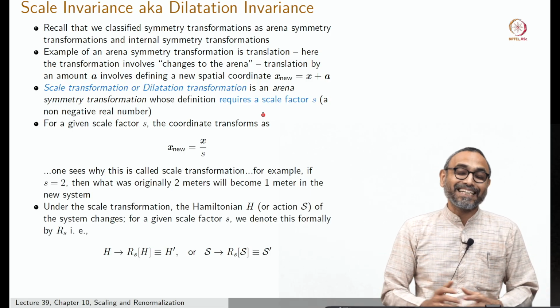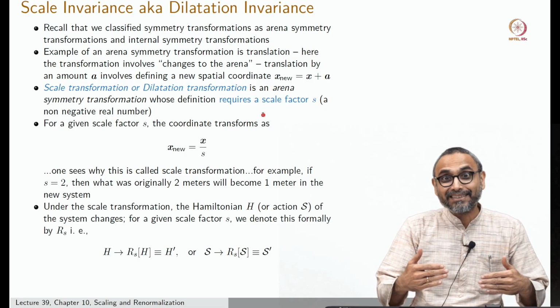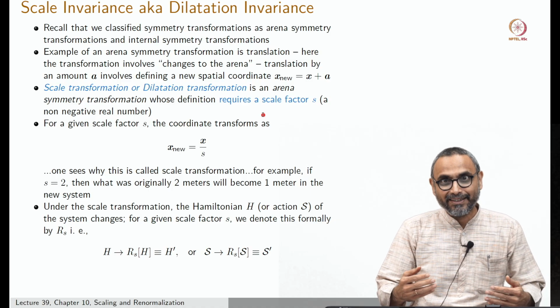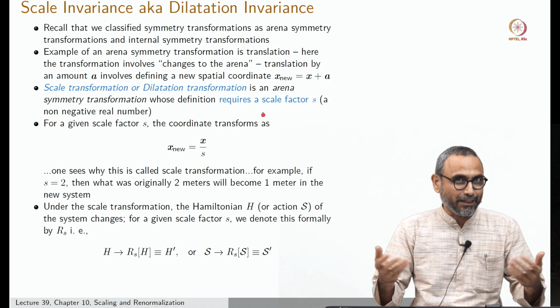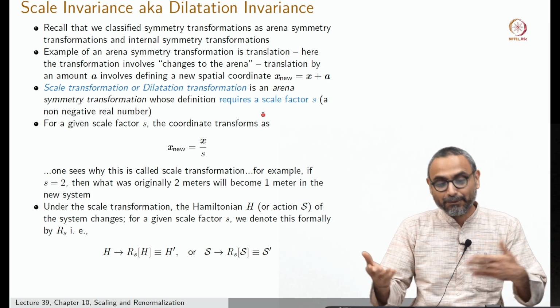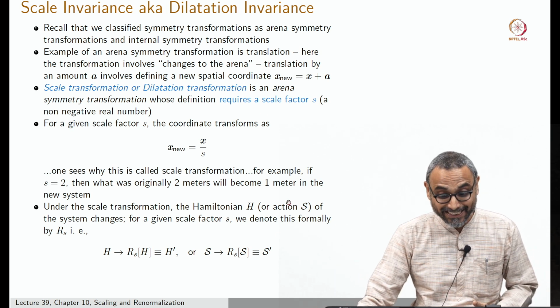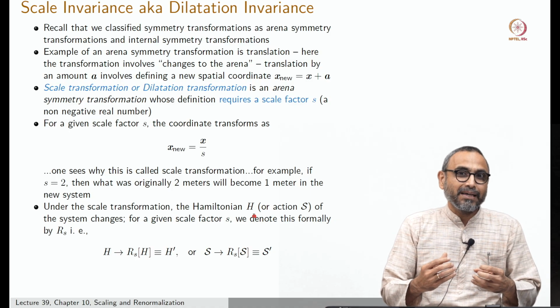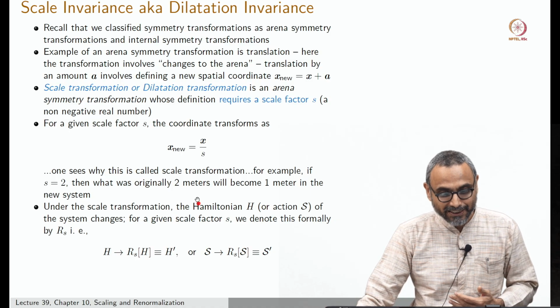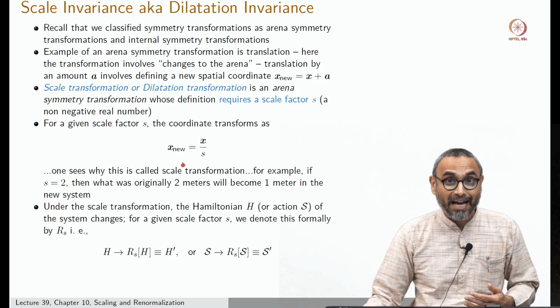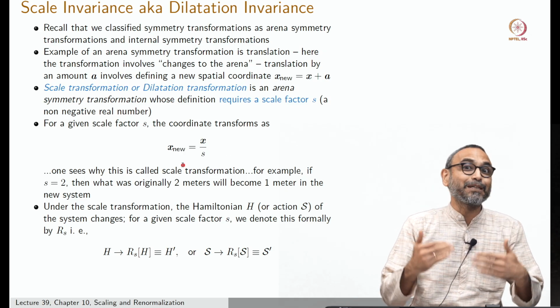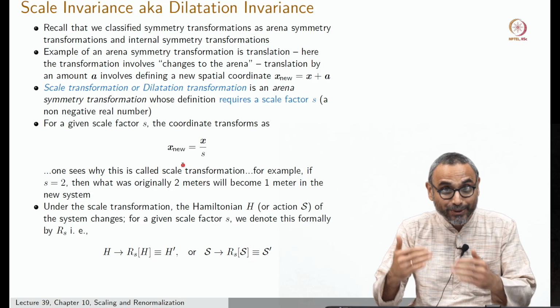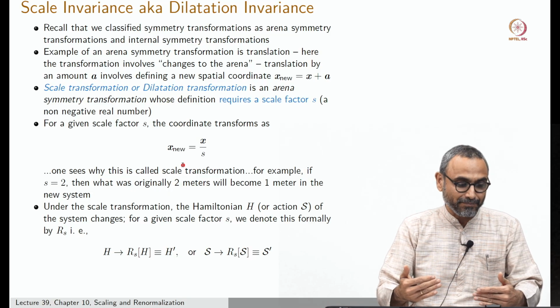But now the question is, how does the Hamiltonian, if you are thinking of some lattice problem, you can write down a Hamiltonian, or if you are thinking in terms of some Ginzburg-Landau theory, you will be writing its action S. If I give you the scale transformation which changes coordinates this way, how is the Hamiltonian or the action going to get transformed?